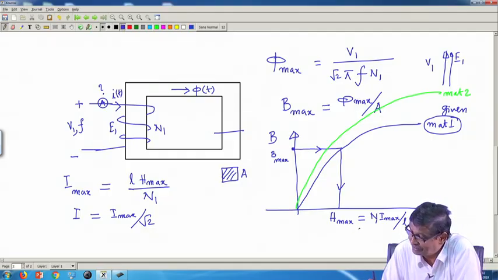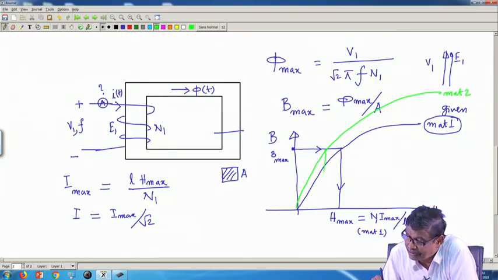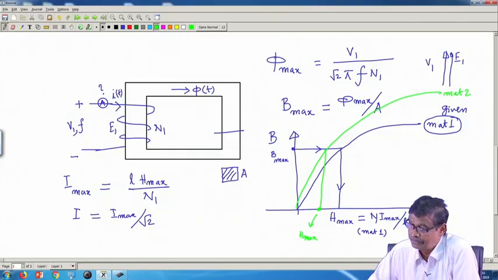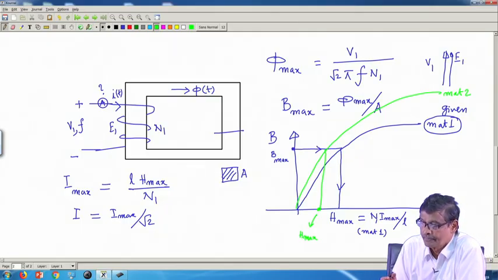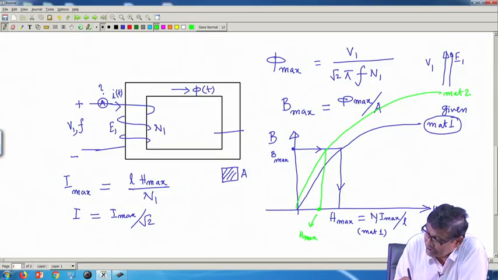If it is material 2, the current drawn will correspond to this, that is H max for material 2. This green color is H max corresponding to material 2. And H max is lower, therefore, the current drawn will be lesser. Therefore, you see this current which establishes the flux in the core, I will use now another term, is called magnetizing current.